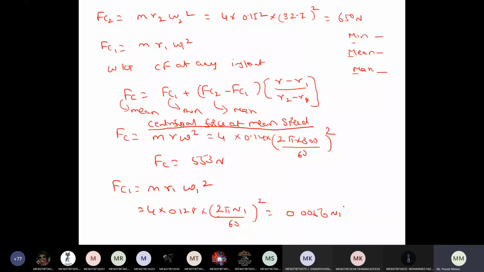Let us take the centrifugal force at any instant. From this relation, let me find out the FC1 value. We know the relation for centrifugal force at any instant.